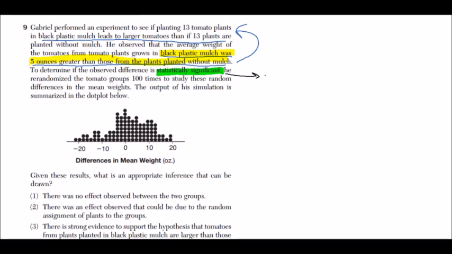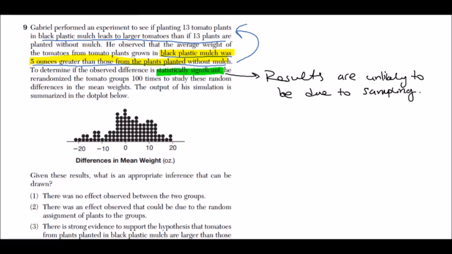This means that the results are unlikely to be due to sampling, meaning it is unlikely that we just ended up taking those 13 plants and the 13 plants, and that we just happened to pick the 13 plants that would yield a greater weight.